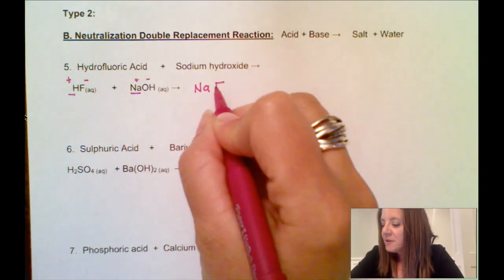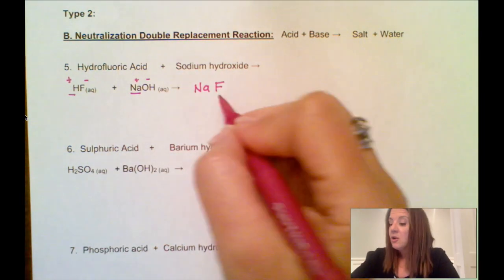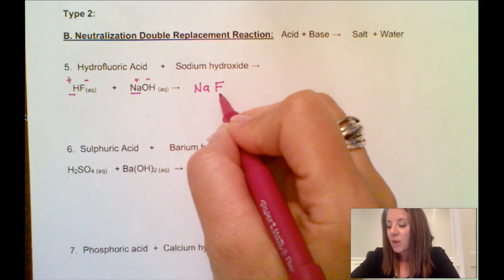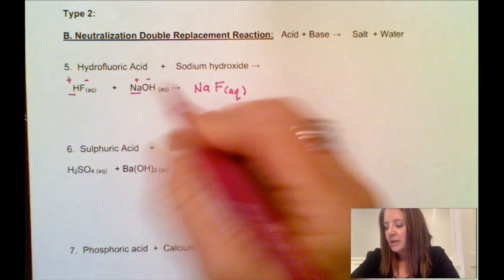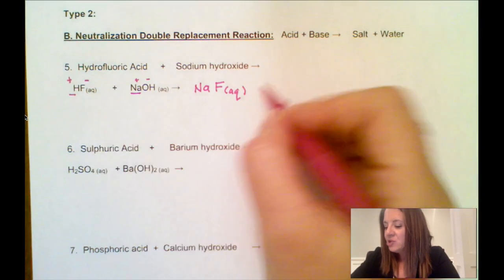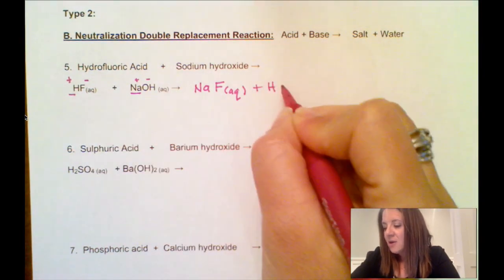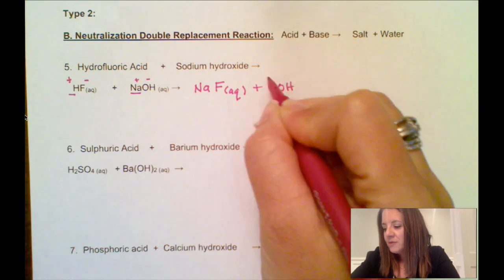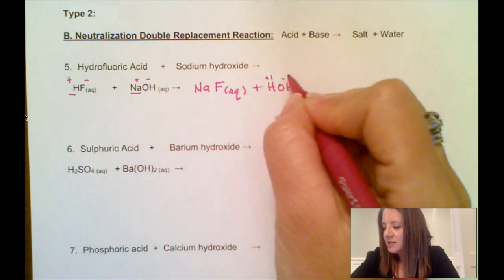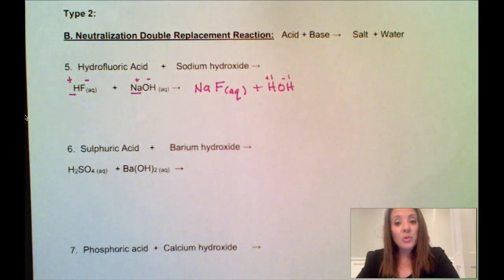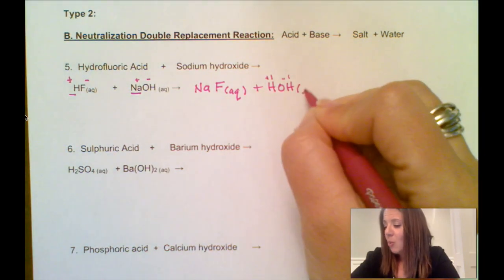So if sodium has a charge of +1, fluoride has a charge of -1, you get sodium fluoride. That will remain aqueous, and then you get the H and the OH hooking up. If hydrogen is a +1, hydroxide is a -1, you just get HOH, which we refer to as water, okay?